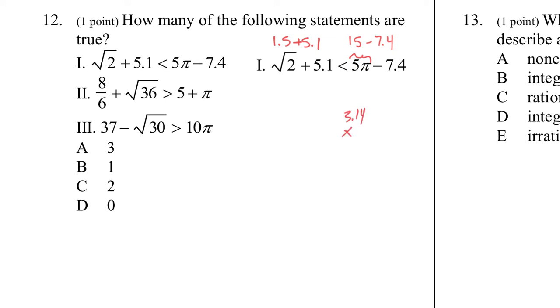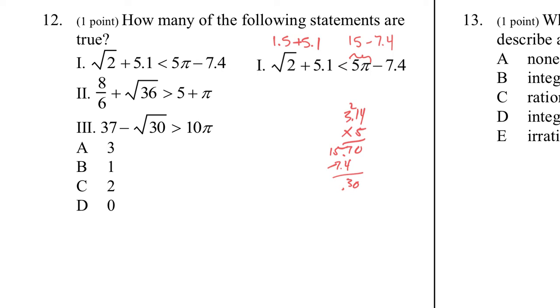3.14 times 5 is 15.70, minus 7.4 is... No, it's not 12. Oh my god. Why did I write 12?